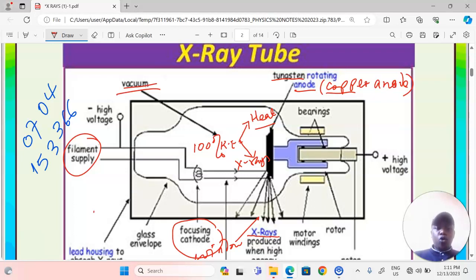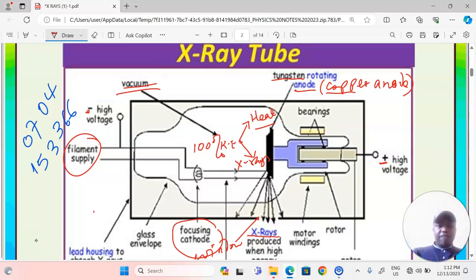So to conserve the energy, we have to ensure that the X-ray tube is evacuated, or rather it has a vacuum. That prevents loss of energy by the moving electrons. It's good to mention that there is a very high potential difference. Remember, the cathode is at a negative potential, and the anode is at a high positive potential.